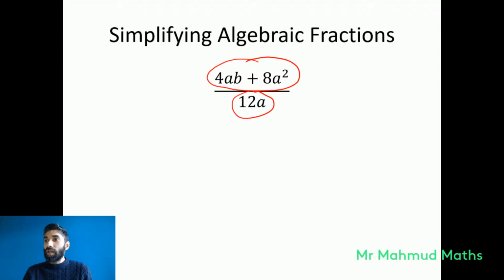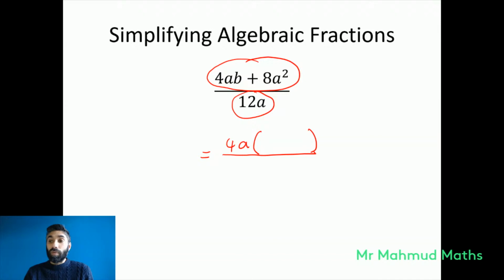Okay, now if I factorize this, a common factor of 4ab and 8a squared: the common factor of the numbers is 4, and of a and a squared, the common factor is a. Now 4a is common. Now start the brackets. What do I need to multiply 4a by to get to 4ab?